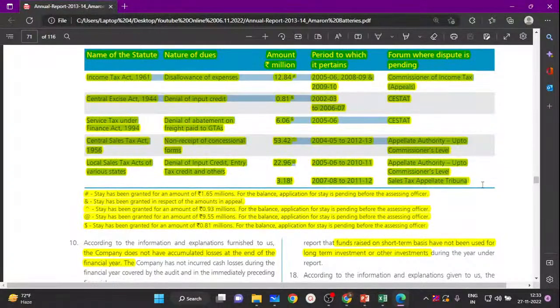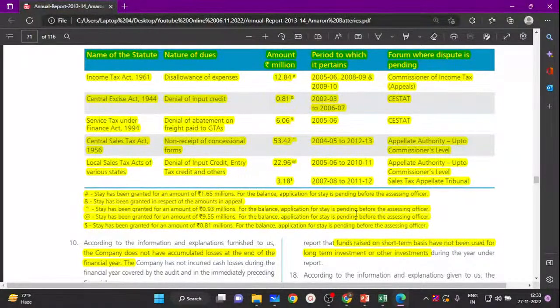Under litigation means these are amounts that various authorities, such as the income tax department, excise tax department, and local authorities, have raised against the company, and the company has moved the court against these demand amounts. This is an old balance sheet, that's why excise tax and other taxes are coming.